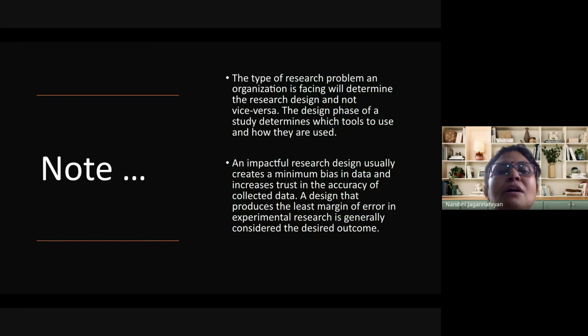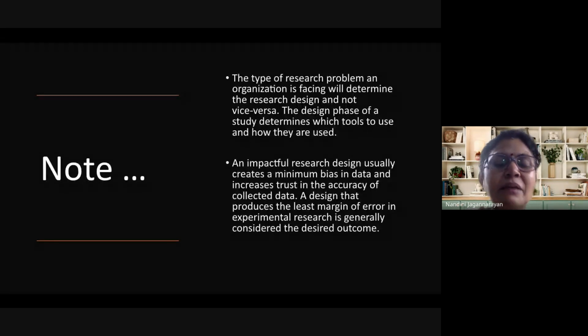So now, when I talk about a research problem, any kind of research design is going to talk about the tool. If it is for an organization that has a problem, like for example, the company had problems in selling shampoo, then in the design phase you have to say what tools are used and how they will be used, with minimum bias.